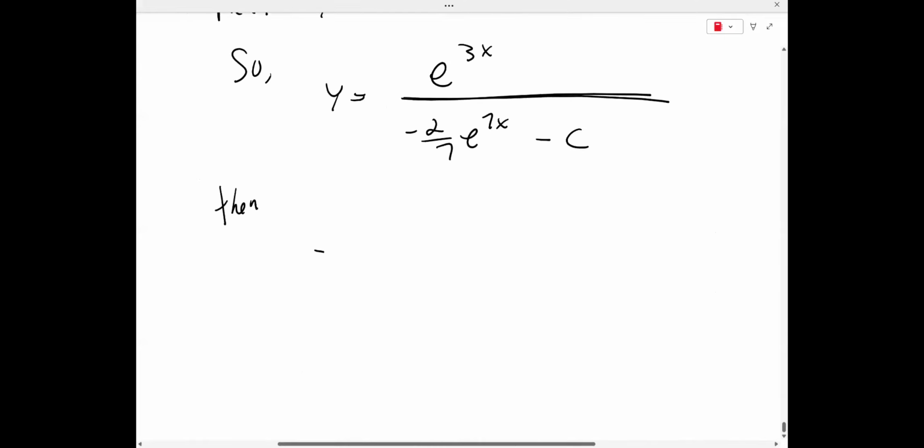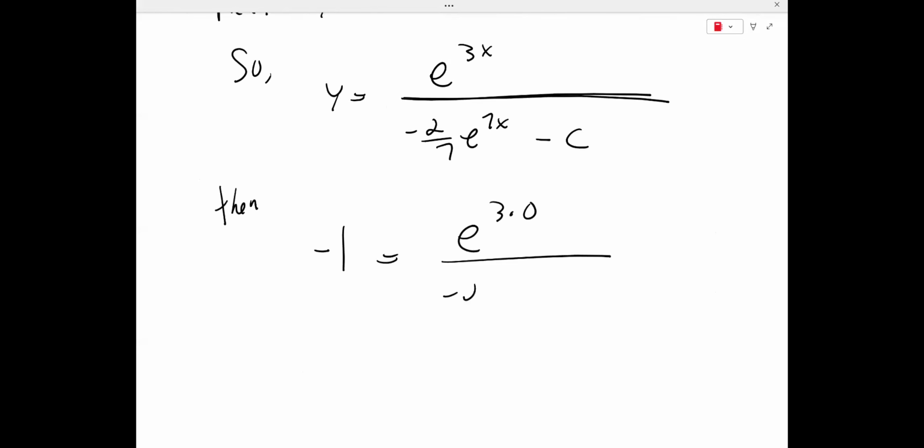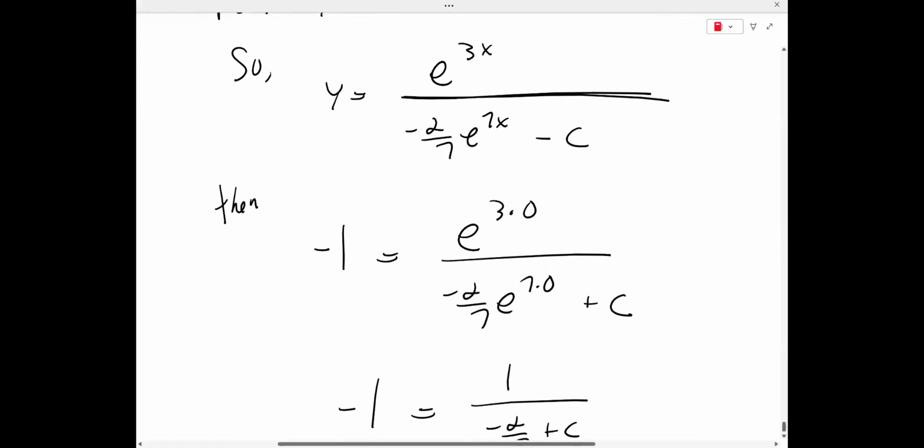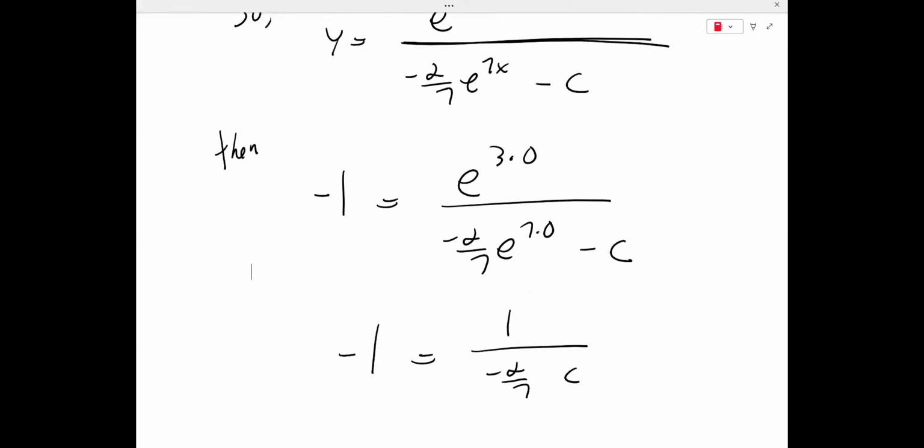So then I get -1 equals e to the 3 times 0 over -2/7 e to the 7 times 0 minus c. So -1 equals 1 over -2/7 minus c. This is again where you can change it to plus c at some point there.